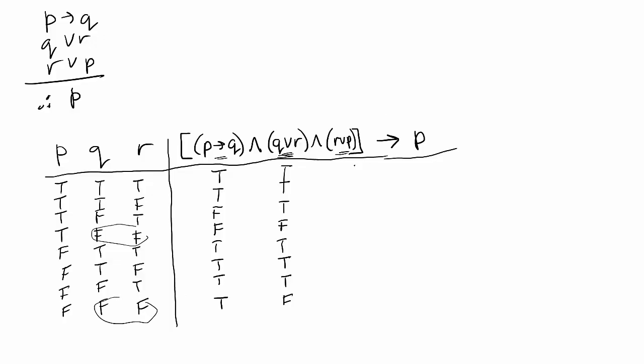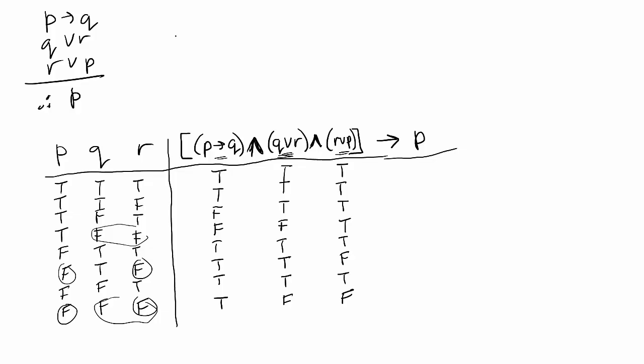Then we're going to do this last little parentheses, that's the R or P. So we're looking at the columns for R or P. It's false here, and it's false here in this last case. Okay, now you have 2 conjunctions. Which one do you do?